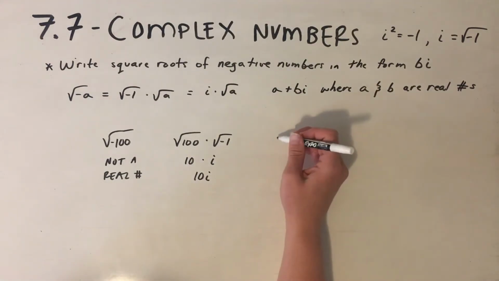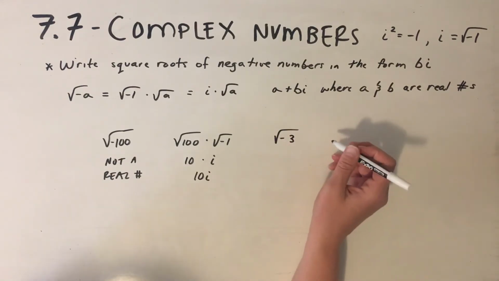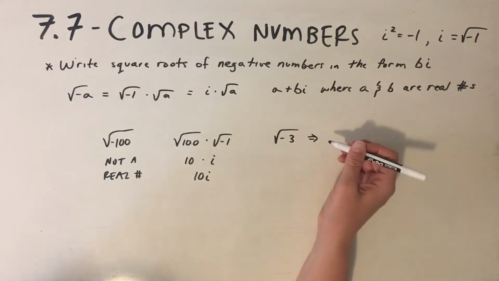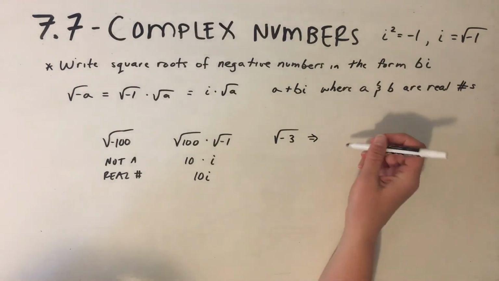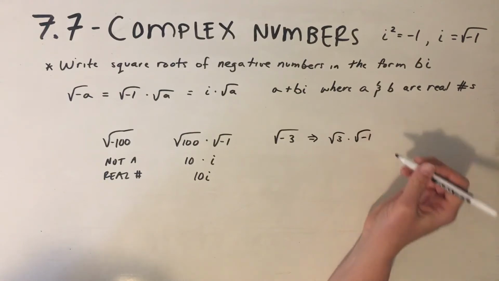But say I wanted to do the square root of -3. Well, instead of saying, hey, this isn't a real number, which we already know, we're going to change this to the square root of 3 times the square root of -1.